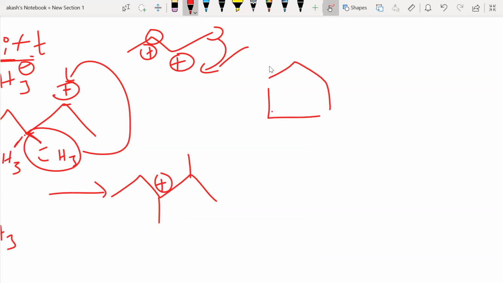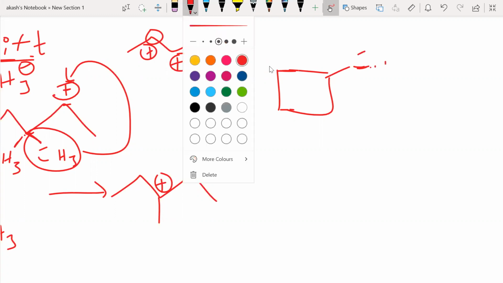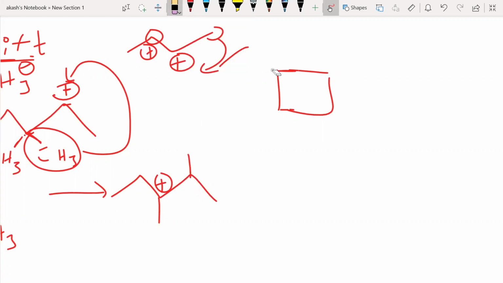So let me take a cyclobutyl ring. Say there is a double bond, or I can directly put a CH2. This is really irritating. One second, guys. I have to make this work somehow. I don't know what I'm doing wrong.